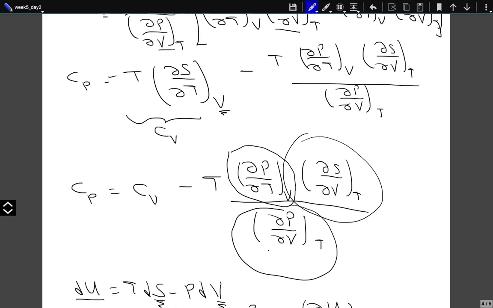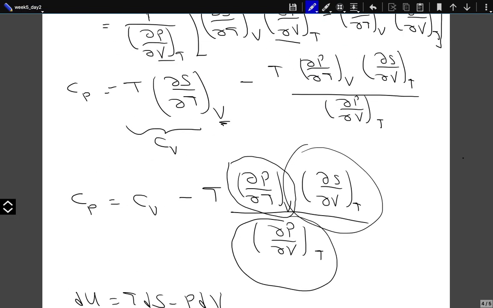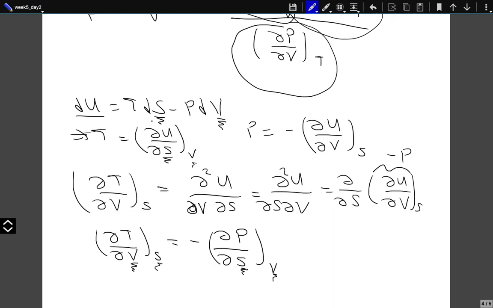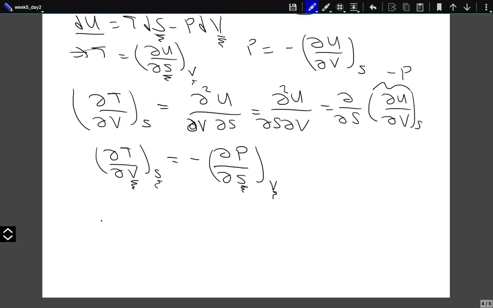But what I'm interested in is V and T. Now this is V over here, fine, but I have to exchange T and S. How can I do that? Free energy. Yeah, free energy. You see, dU is equal to TdS, and TdS is nothing but the differential of T times S minus S times dT.